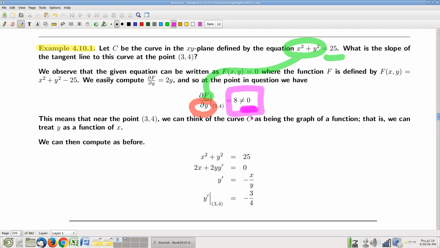Then you can say, by the implicit function theorem, I know that this variable y can be thought of as a function of x. Having done that, then give me the same old stuff that you used to do in high school. This is totally fine right there, and we've already walked through the details of that, and there's the answer. Okay, is everybody happy?